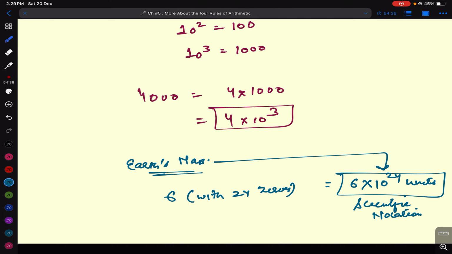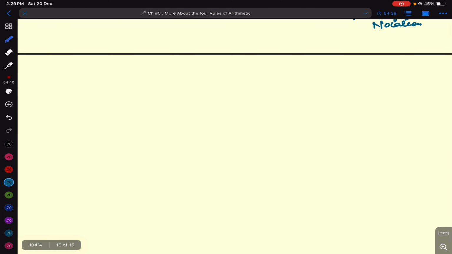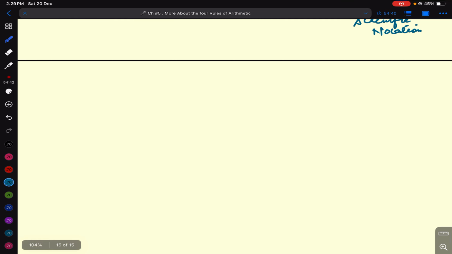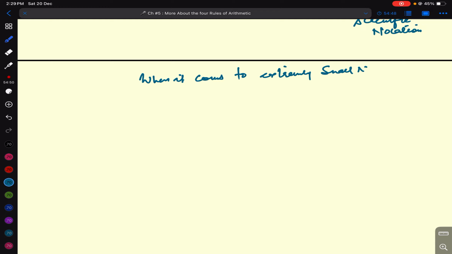Now when it comes to extremely small numbers, how do we do that? Obviously they will have a lot of decimal places, right?